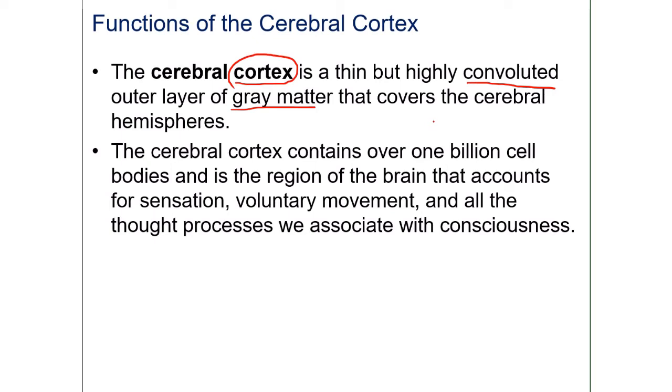The cerebral cortex contains over 1 billion cell bodies, and that is the region of the brain where you process information like sensation, voluntary movement, as well as all the thought processes we associate with consciousness. Basically, the cerebral cortex is what makes us human.